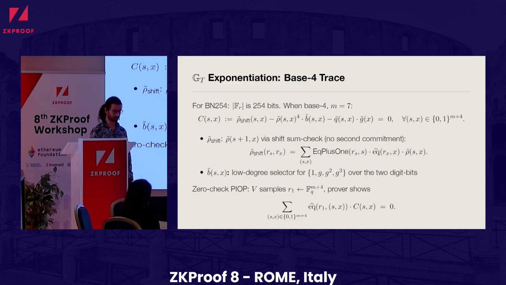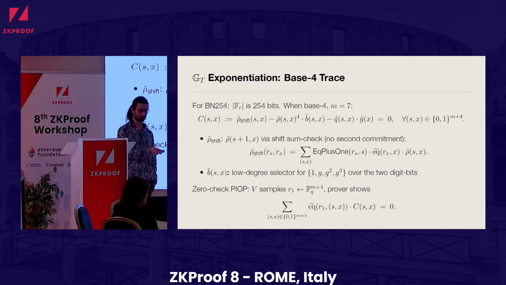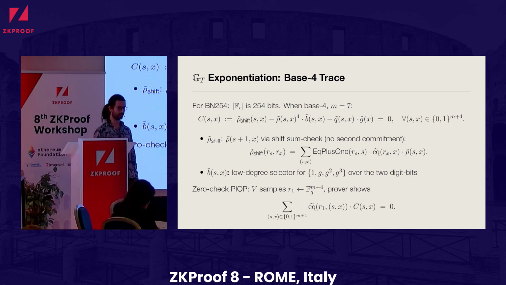You see the constraint is using the same technique as we saw earlier for multiplication. And you can see that basically row shift is equal to b times row, where b is the log degree selector of the 4 elements powers of g.